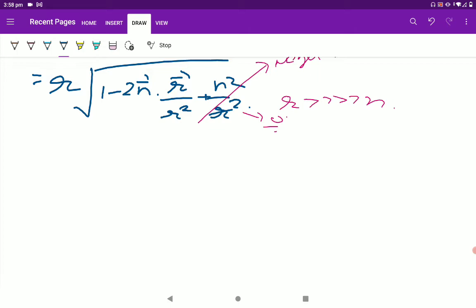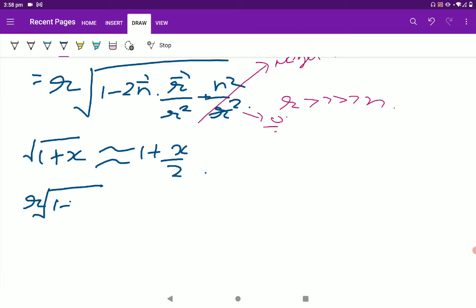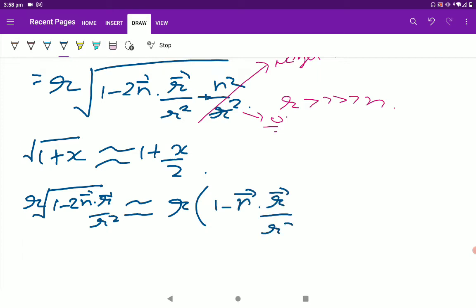So here, by basic mathematics, we can approximate this expression in the form of 1 plus x by 2. We can approximate this term in this format, that is 1 minus n, if this expression is tending towards 0.